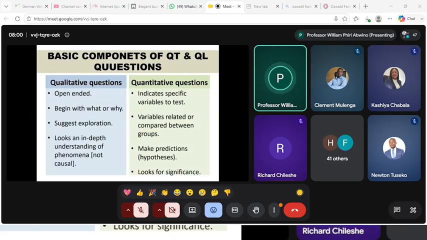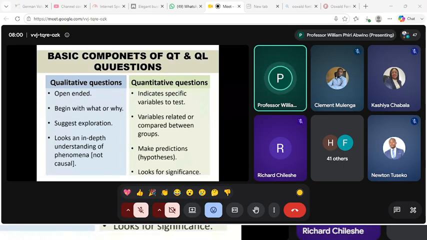For quantitative research questions, they are closed. In other words, they indicate specific variables to test. So even the questionnaire for quantitative and the questionnaire for qualitative differ: the one will be specific, closed, and the other will be open-ended.